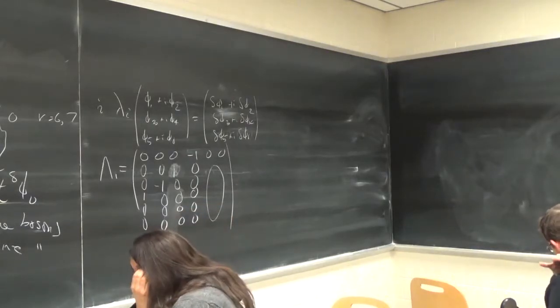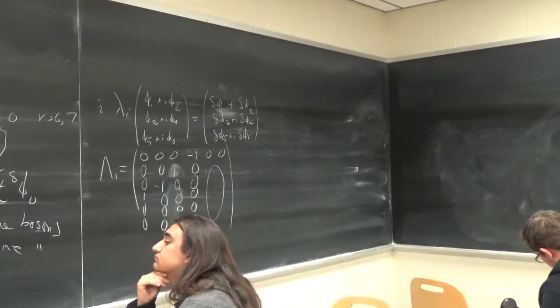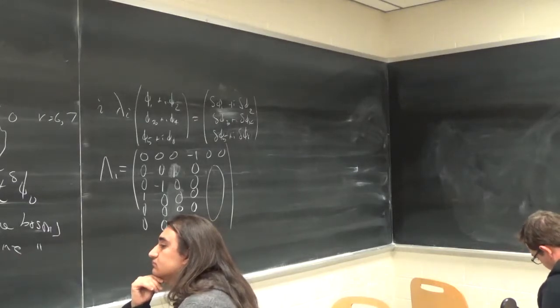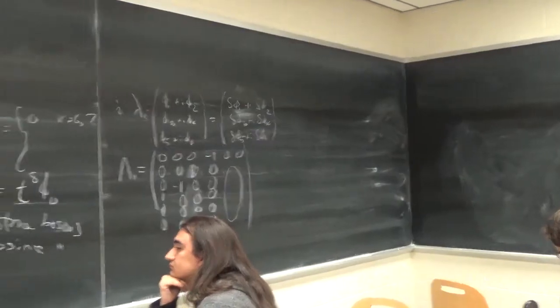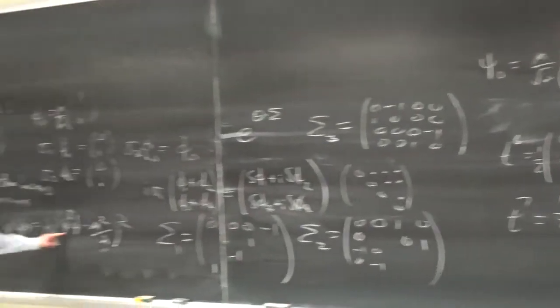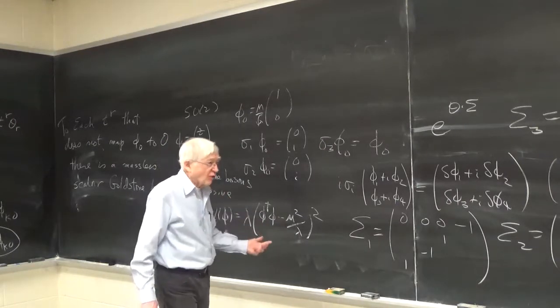We start out with SU2, and since this is just a sum of all the squares of the 4 real fields, we really have symmetry under O4.